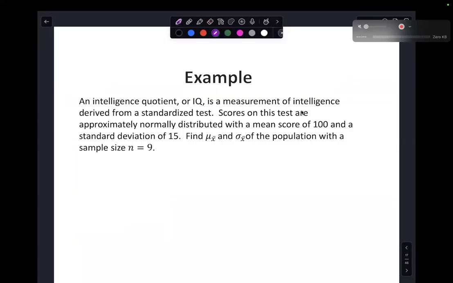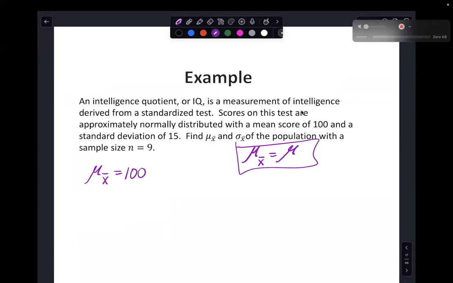Our mean sub x bar is always going to equal our population mean. Let me just write this here. It always equals the population mean. These two things always equal each other. So whatever they give you for population mean, it's going to be the same thing you're going to use for your sampling distribution.